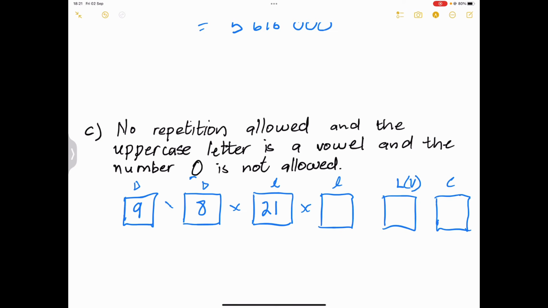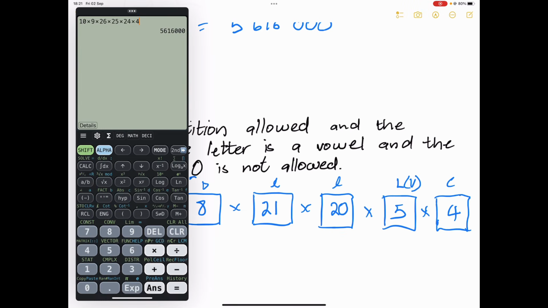Multiplied by, now you've used 21 there, so you've got 20 that are left. So multiplied by, in this case, how many vowels do we have? We've got 5 for your uppercase, and then multiplied by your special characters, which is 4. Okay, right. So I hope, ladies and gents, that makes sense.